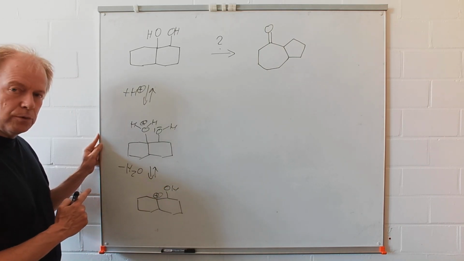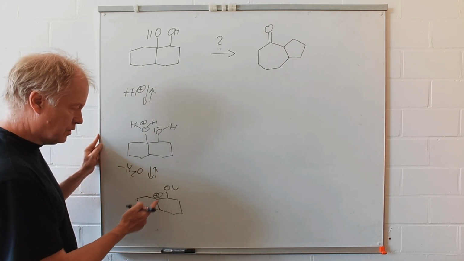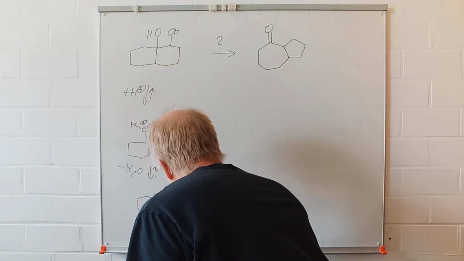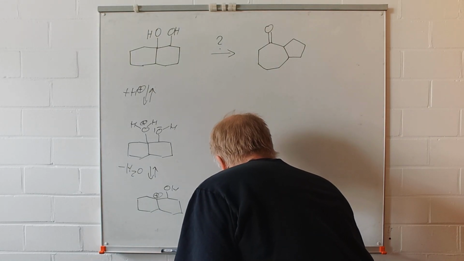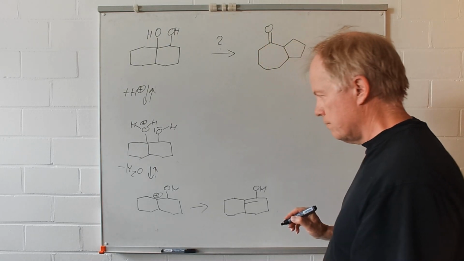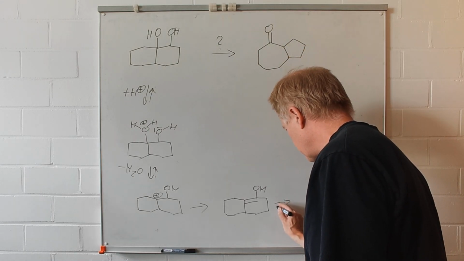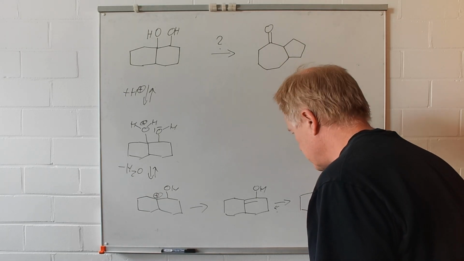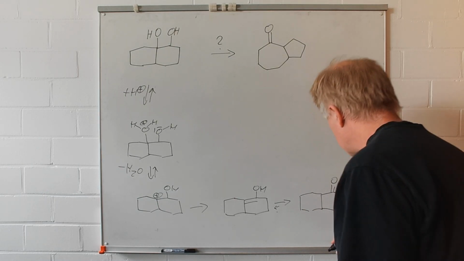An epoxide formation could take place, but also a deprotonation, for instance here, forming this enol, which will finally rearrange again under acidic catalysis to this ketone.